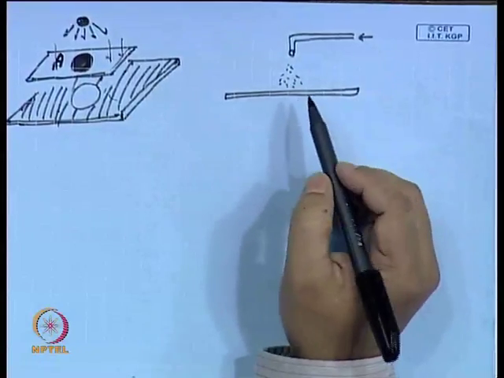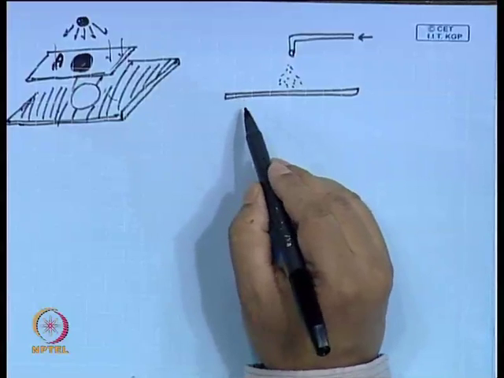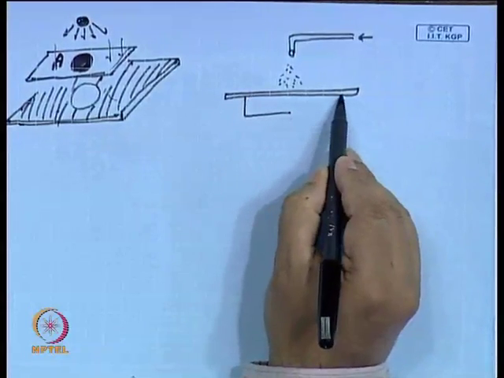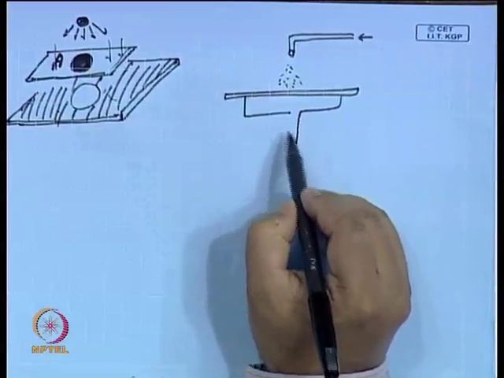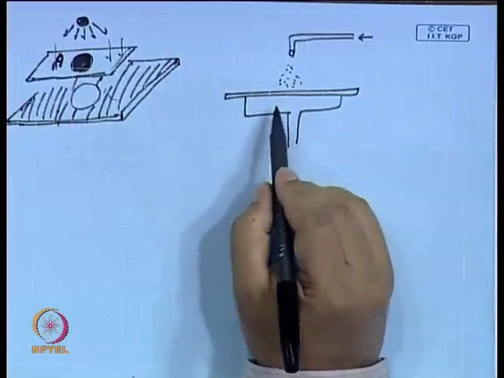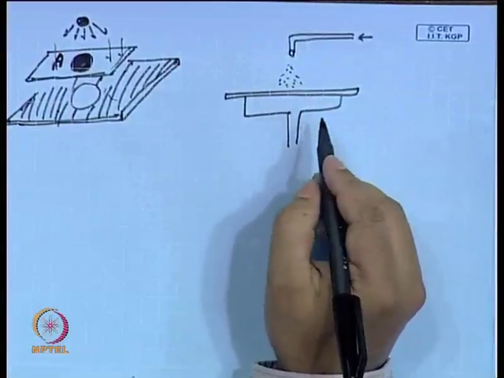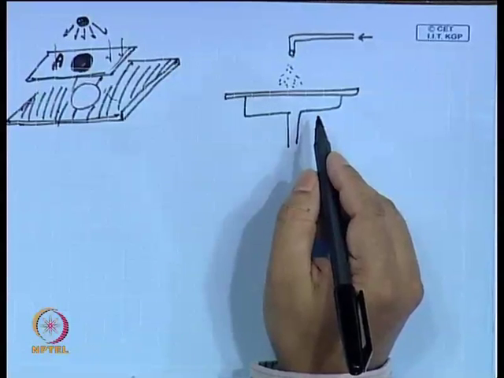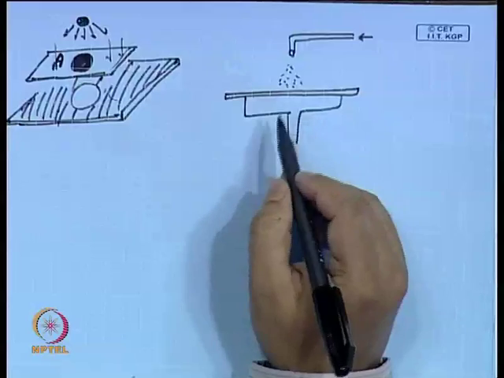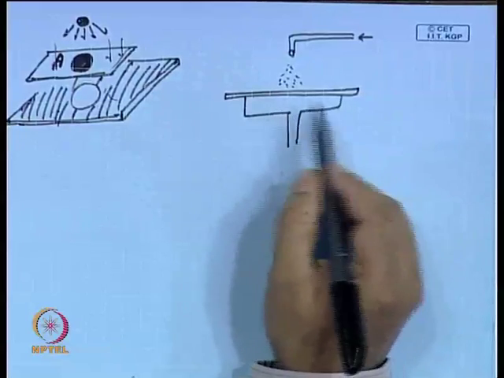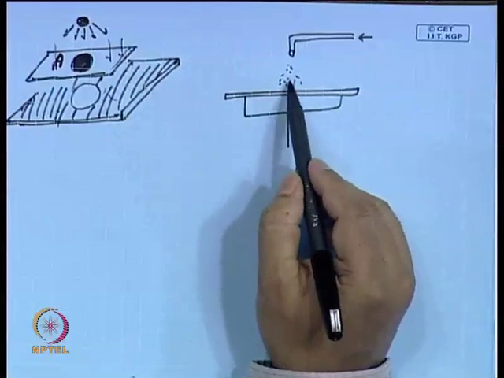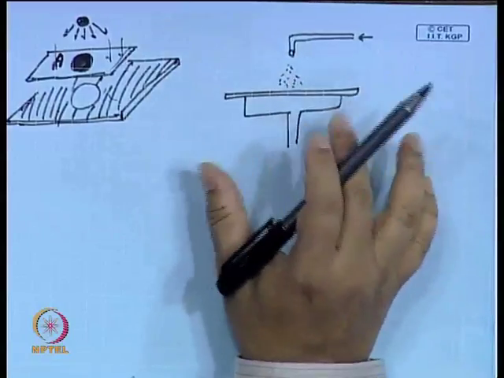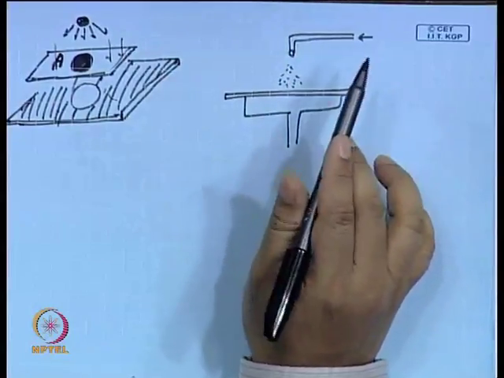And then what you do is you rotate this wafer at a really high RPM, initially maybe 1000 and then going all the way to 8000. You rotate this wafer at a high RPM. The moment you rotate, what will happen to this resin material? Because of centrifugal force, it will start spreading out, right?